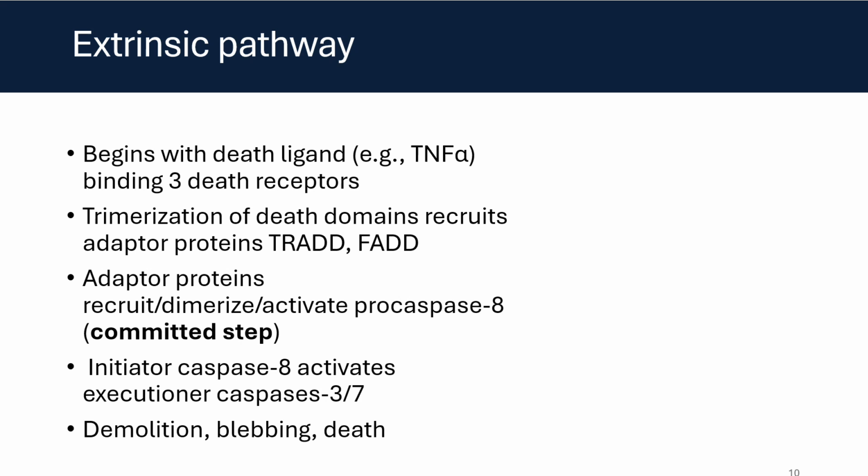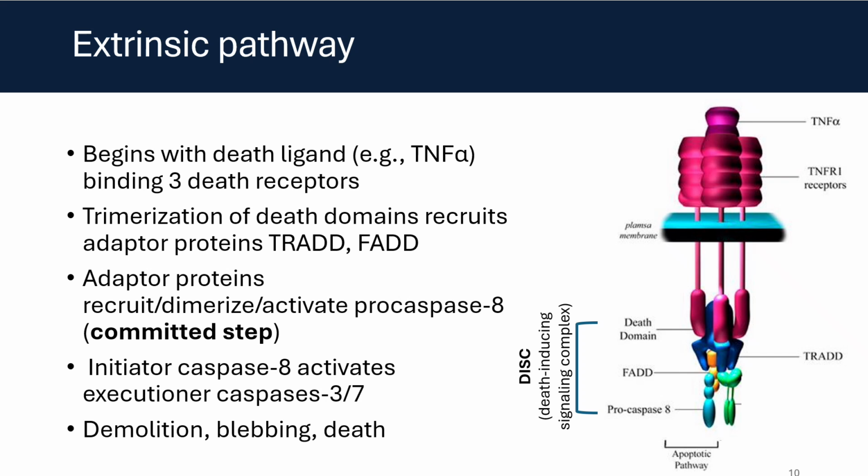Let's now rewind and consider the other apoptotic pathway, the extrinsic pathway. It might appear simpler than the intrinsic one to the untrained eye. I don't know. We'll see how that turns out. I'll just remind you that in this approach, we are triggering apoptosis externally through the application of a death ligand.